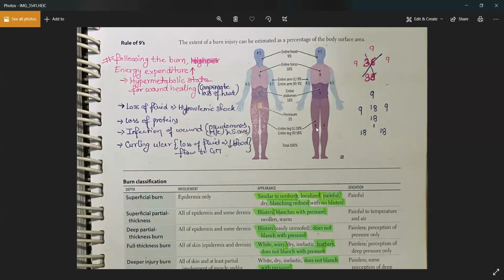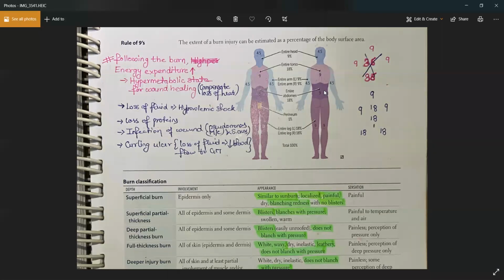For the thigh, if you divide the 9% into two halves, the thigh would be 4.5% and the lower leg would be 4.5%. Similarly, on the back side, 4.5% and 4.5%. For the arm, it is 9%, so 4.5% anterior and 4.5% posterior.